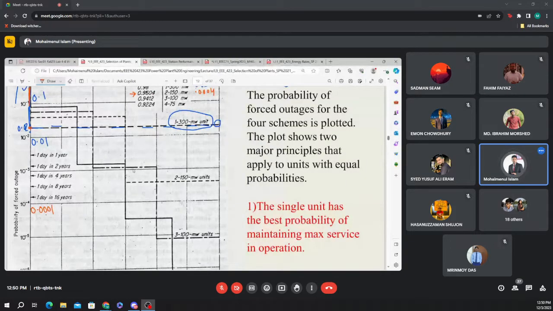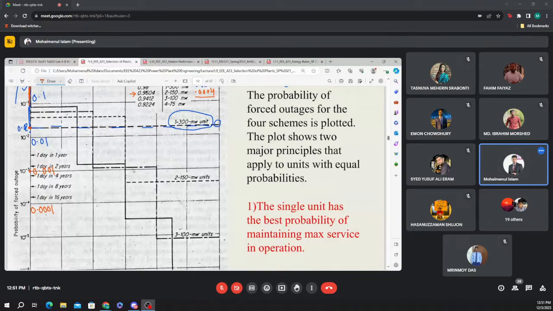Am I right? And 10 to the power minus 3 is this point, 0.001. Is it okay? So yes, you see 0.0001 means this point, and between 10 to the power minus 4 and 10 to the power minus 3, your 0.0004 should lie, right?